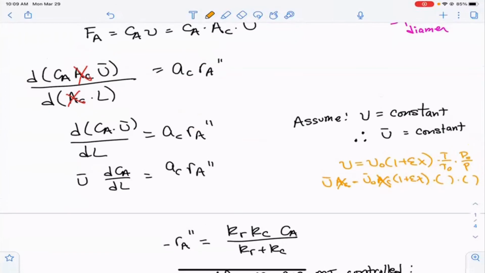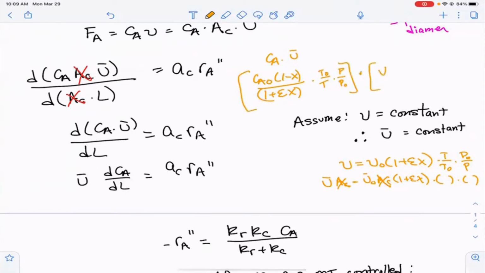So let's do CA times U. That thing just equals CA0 times (1 minus x) over (1 plus epsilon x) times T0 over T times P over P0. That would be CA. And then we would multiply this by U, which is U0 times (1 plus epsilon x) times T over T0 times P0 over P. If we look at this, a bunch of stuff is going to cancel.